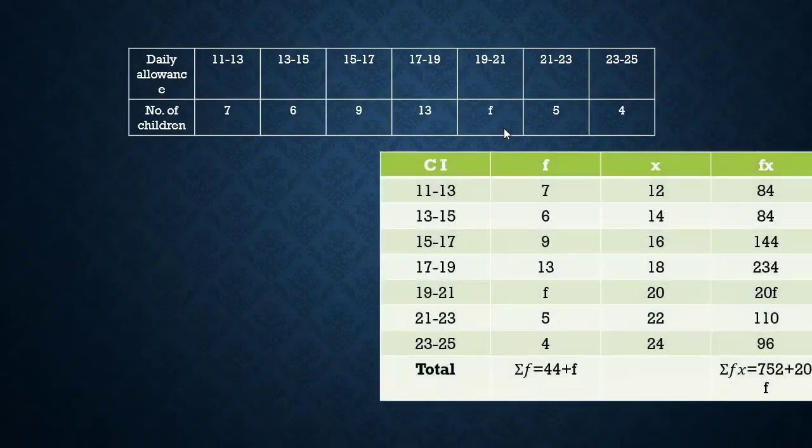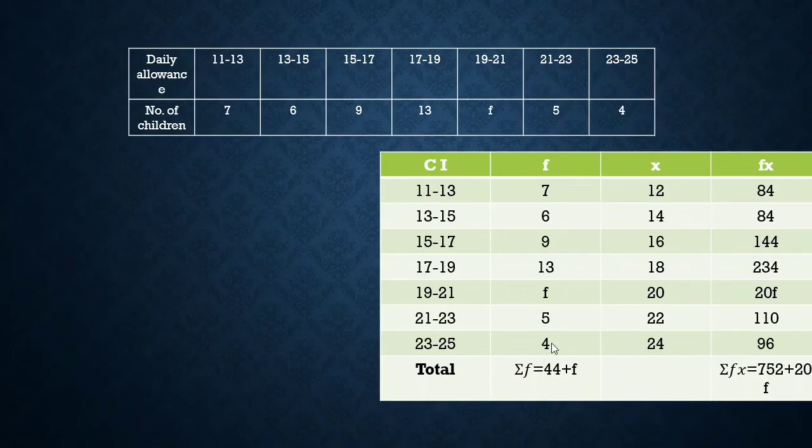First, we have our distribution table, class intervals 11 to 13, 13 to 15, 15 to 17 and so on up to 23 to 25. Frequencies 7, 6, 9, 13, f, 5 and 4.